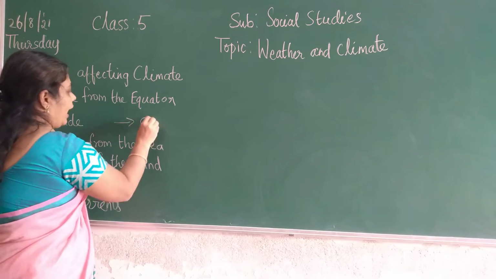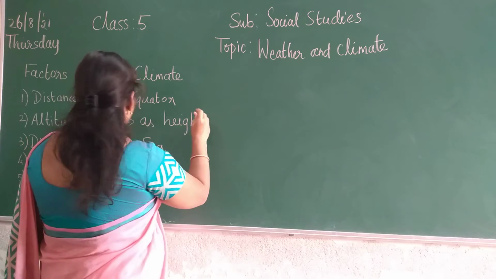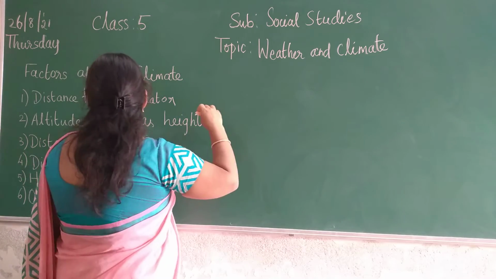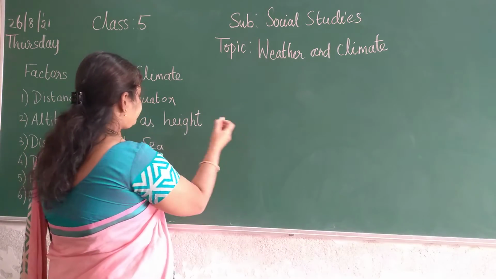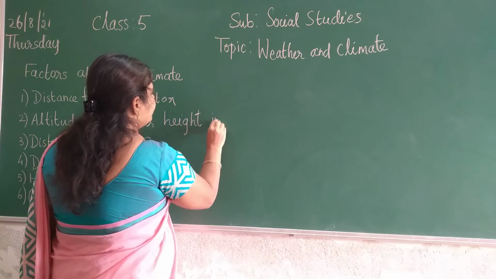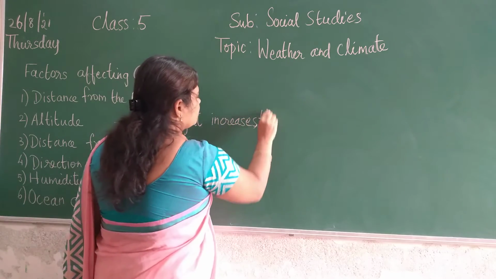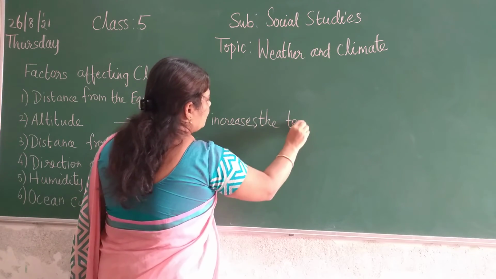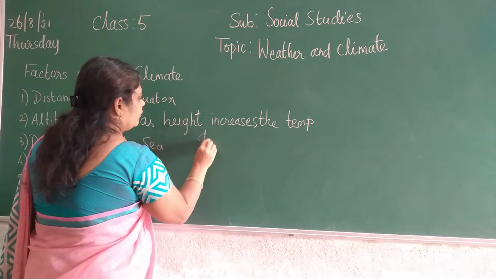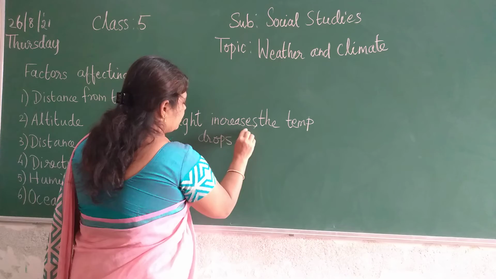Altitude is the height of the mountain, the height of the place. As height increases, the temperature drops down. That's why we feel cool in the hill station too.